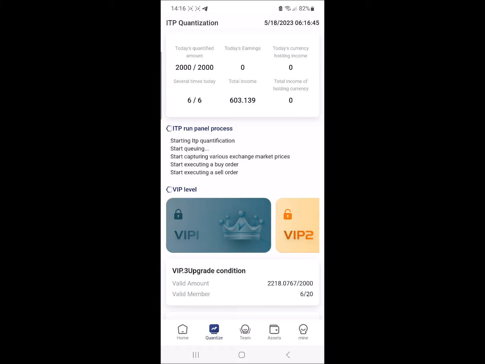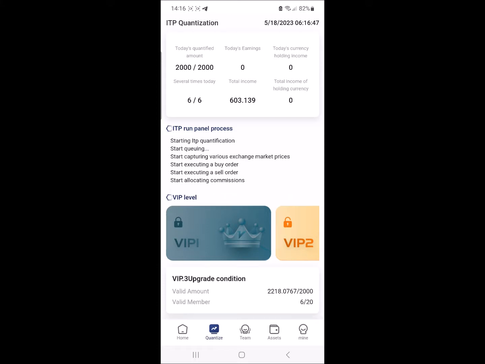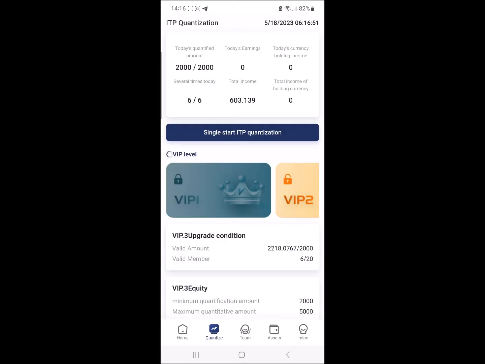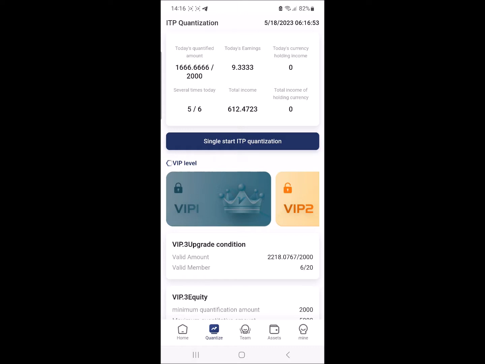It sells at the highest price. Right, allocating commissions. Now, if you look at the top of the screen again, in the center where it says today's earnings, it has just jumped from 0 to 9.3333. So that is how much I've earned with that particular trade.